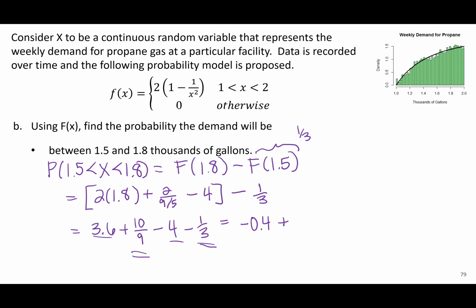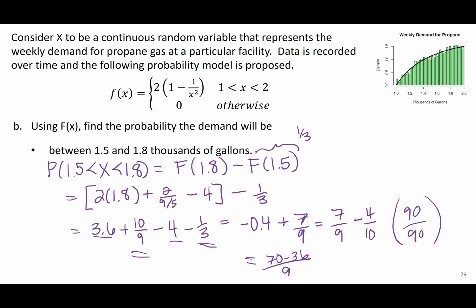plus 7/9, because 1/3 will be 3/9, so negative 3/9 there. If I rearrange it, 7/9 minus 4/10. Multiply top and bottom by 90, just getting rid of the fractions, I end up getting something like 70 minus 36 over 90, which is 34 over 90.